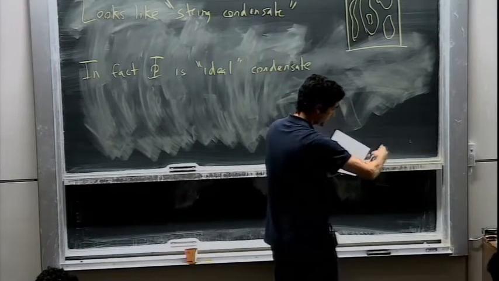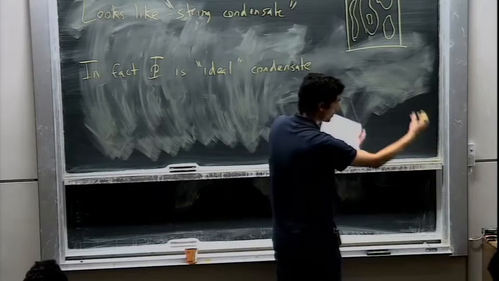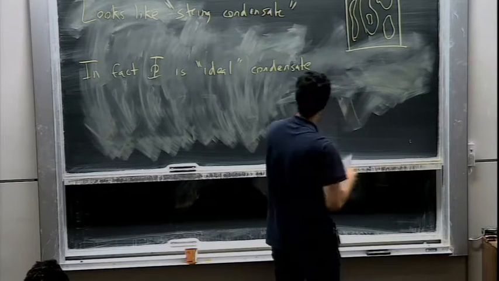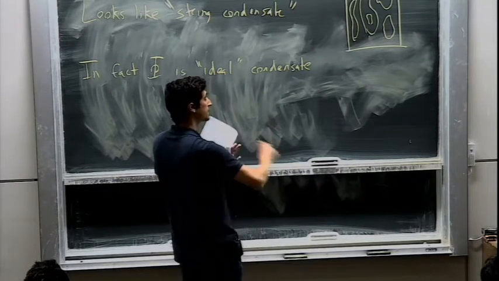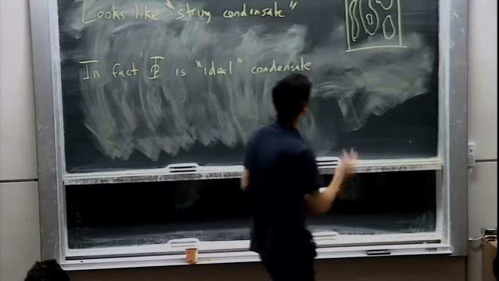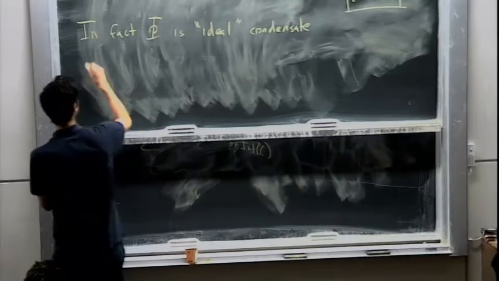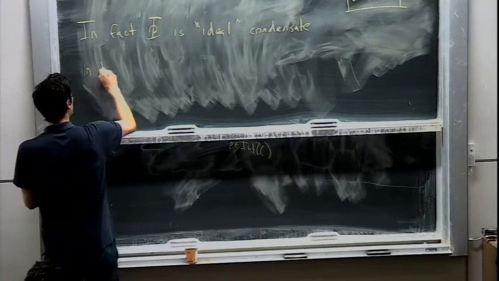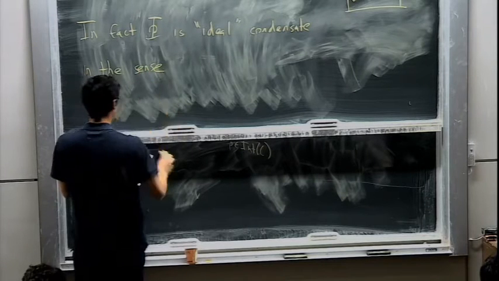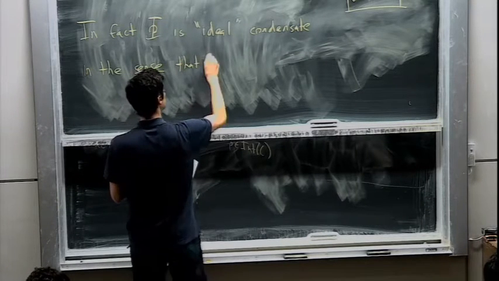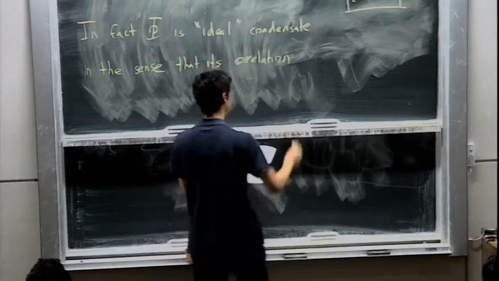But even for more complicated spin correlations, as long as they're just a few lattice sites apart, the correlation function is exactly zero. So in other words, the decay length in this case is zero. It goes to zero immediately. So it's an ideal condensate in the sense that its correlation length for some kind of spin-spin correlation is zero. And that's related to the fact that the Hamiltonian is the sum of commuting projectors.